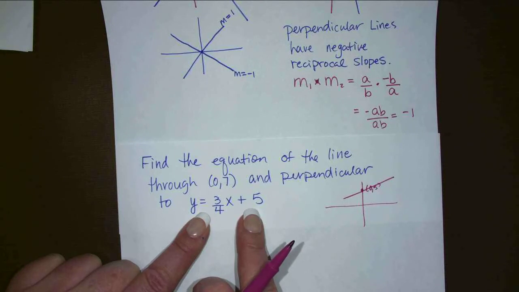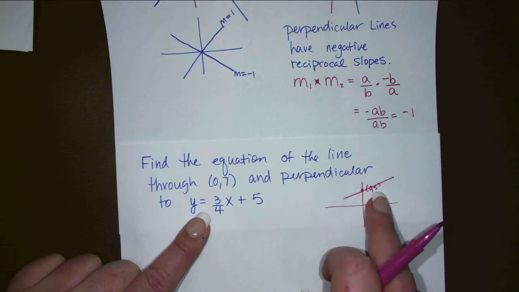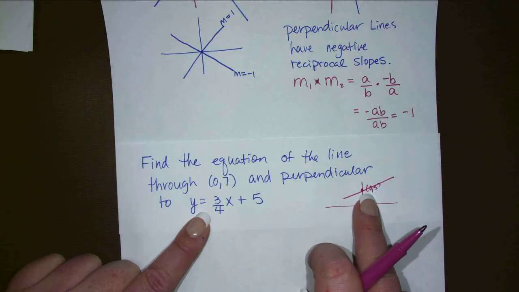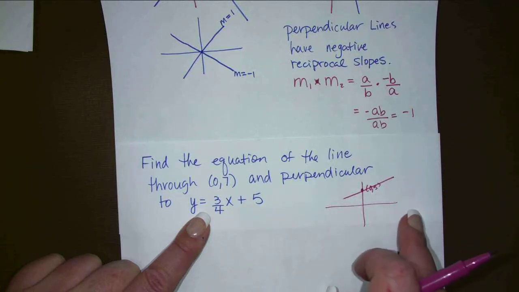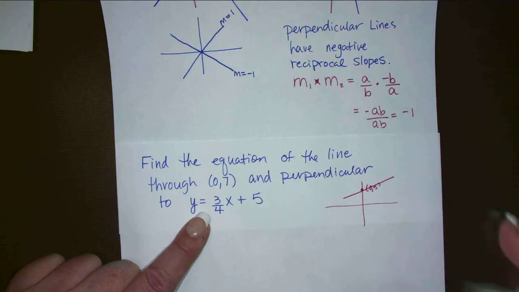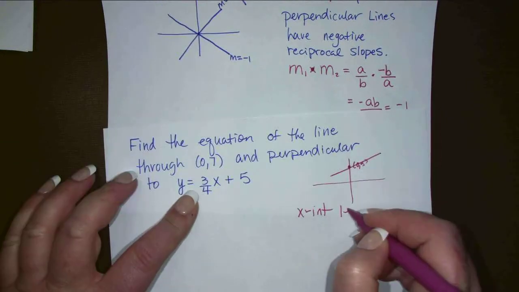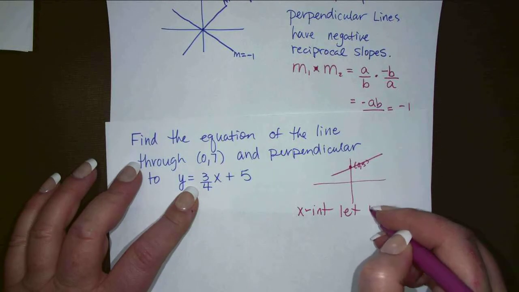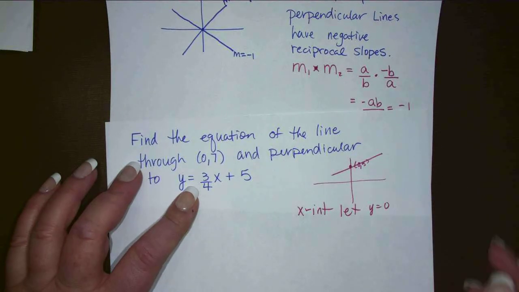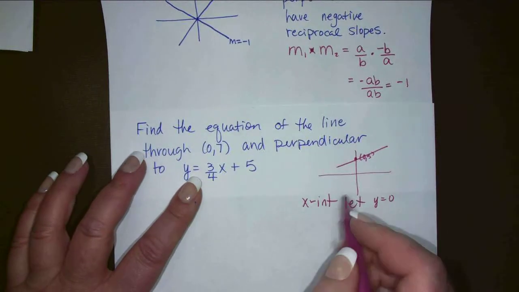This isn't in standard form, so it's a bit trickier than what we did last class, but this x is 0 on the y, and what's 0 on the x-axis? So if we want to find the x-intercept of this, we would let y equal 0, because we're not going up and down. We just want to go left or right.